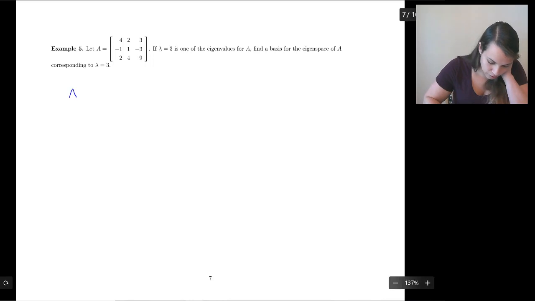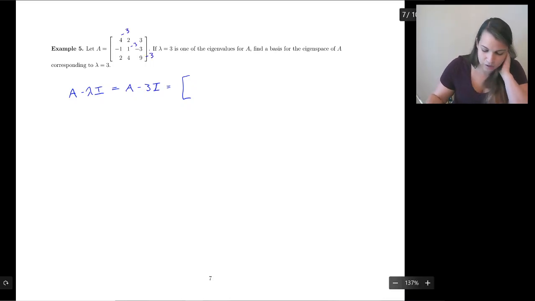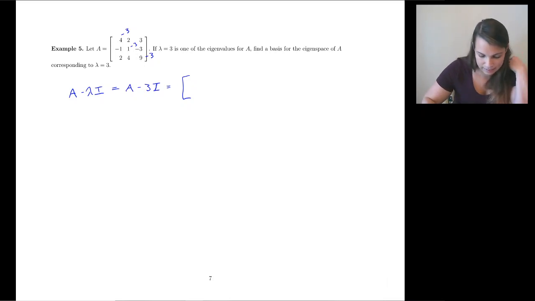So we can do A minus lambda times I, where lambda is 3. So that matrix is going to be, you just go through and you subtract 3 from the diagonal. I'm being lazy.